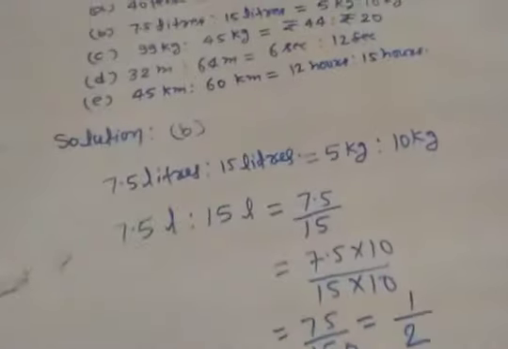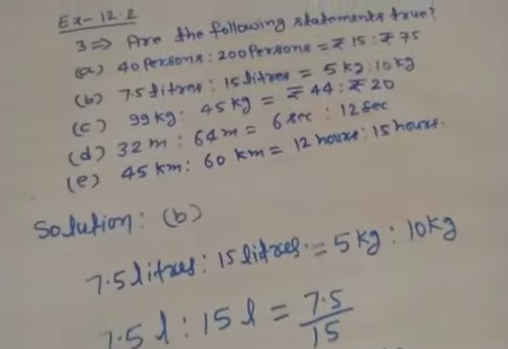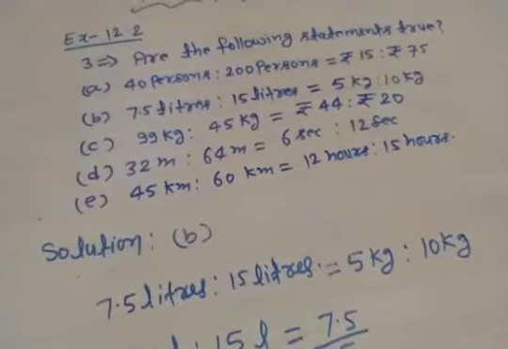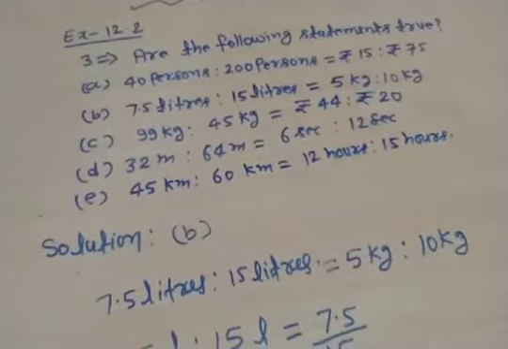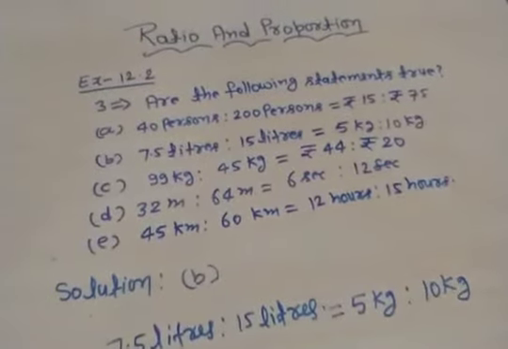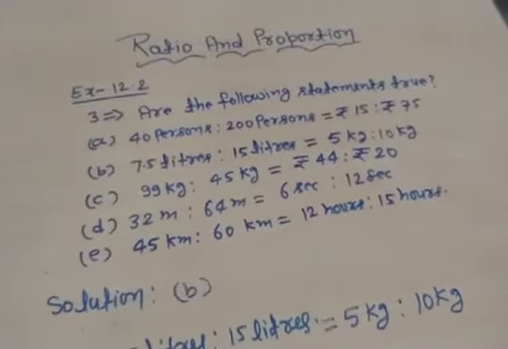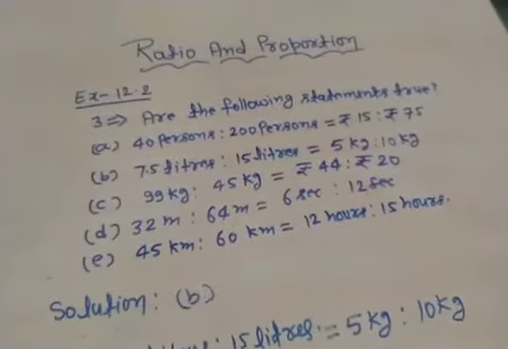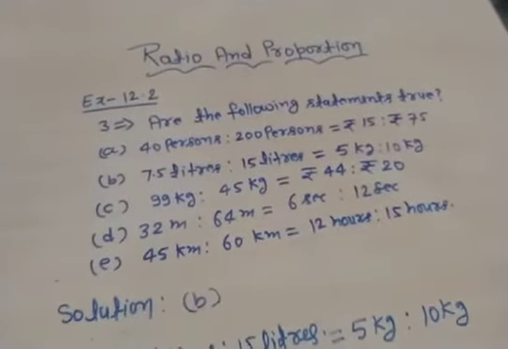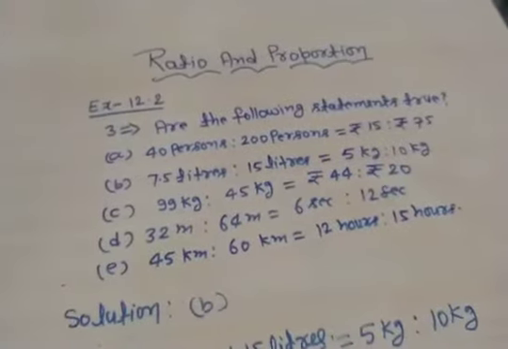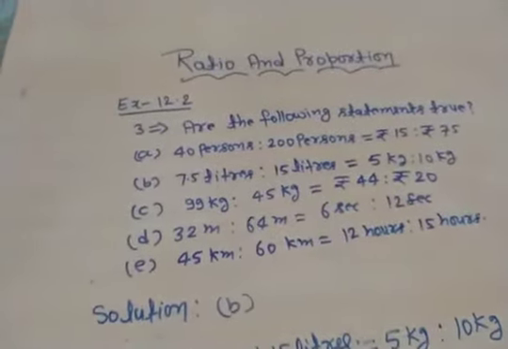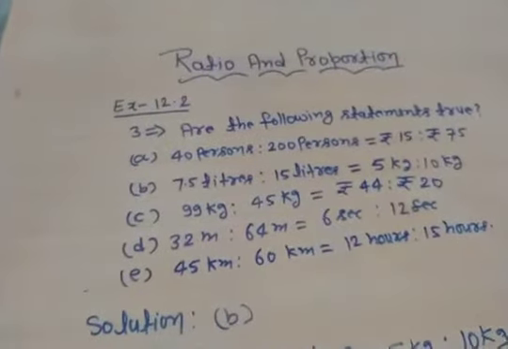C part is given: 99 kg ratio 45 kg is equal to rupees 44 ratio rupees 20. Then first we need to verify whether the given ratios are equal or not. If equal, then you can say this is true. If not equal, you can say this is not true. Let's see how to verify it.